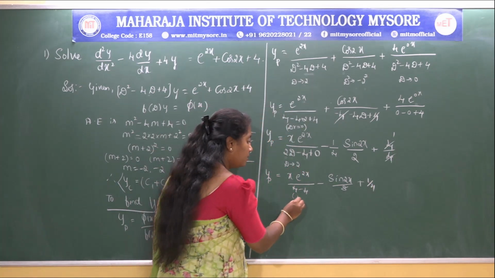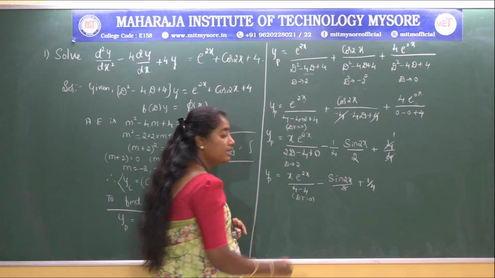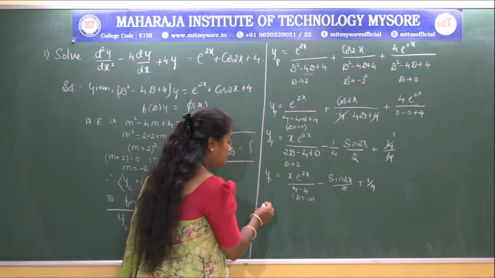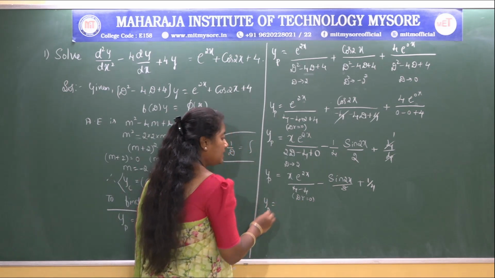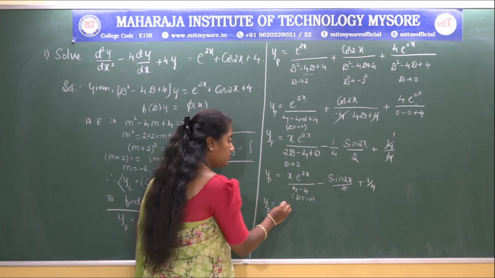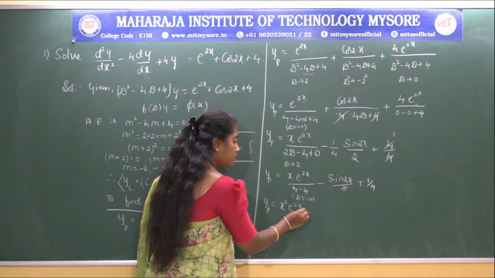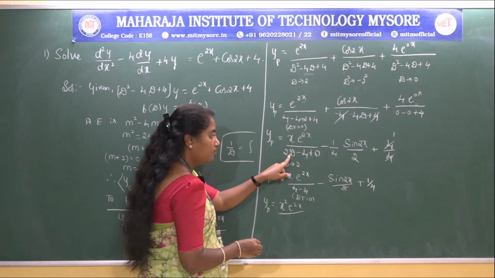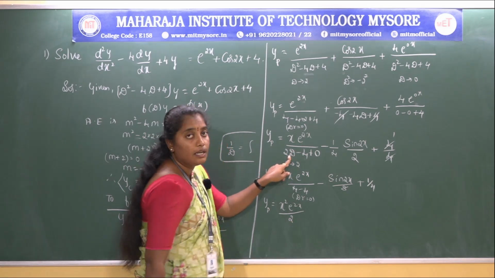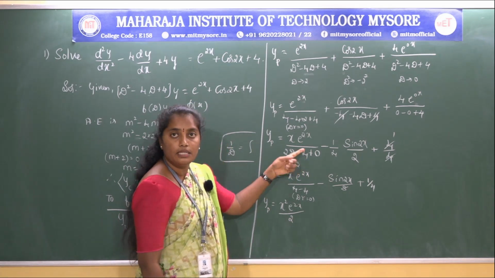Again we have a 0 denominator in the first element. Since we have a 0 denominator, yp is equal to, again multiply x to the numerator, x square e power of 2x, and differentiating the denominator, differentiation of 2D is 2, differentiation of minus 4 is 0.